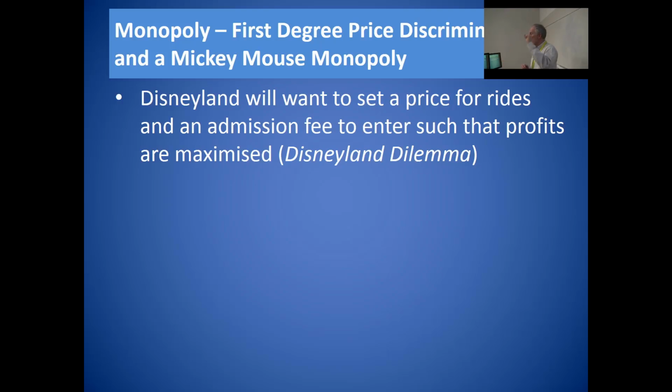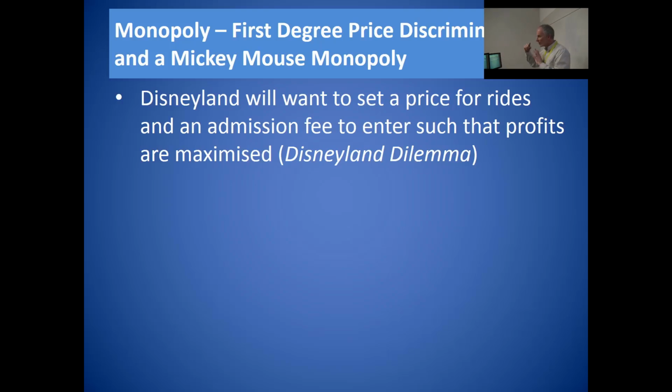How does it set a price of admission and a price for attractions such that it wants to maximise profits, knowing that there is that interrelationship between the two? And the higher the price you charge for admission, the lower the price people are willing to pay for the attractions within the theme park.